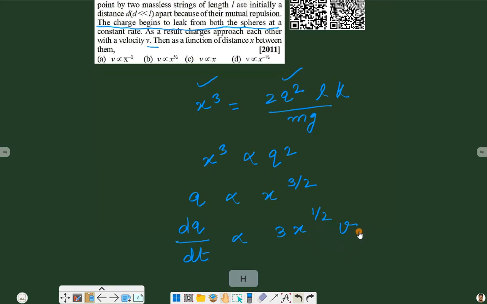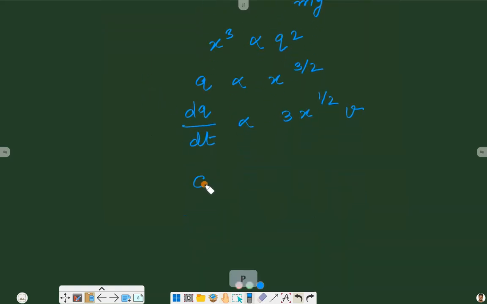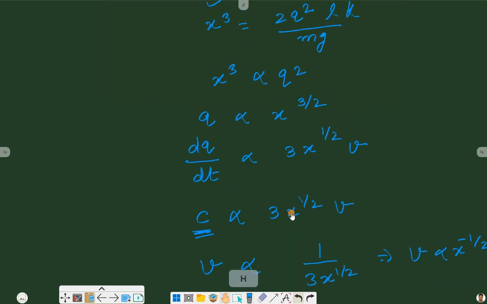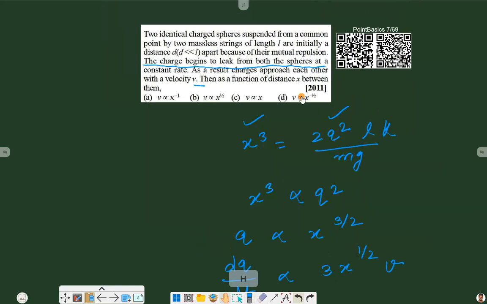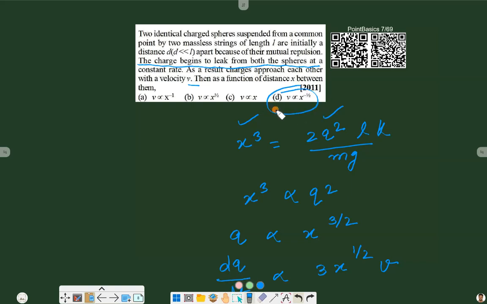And now using this, if dq by dt is constant, so charge is reducing at a constant rate, we can say the constant is proportional to 3x raised to power half into velocity. As this is constant, we can say velocity is proportional to 1 by 3 x raised to power half, or velocity is proportional to x raised to power minus half. Now, using this expression, we can say that option D is the right answer.